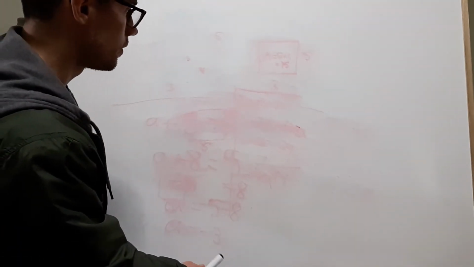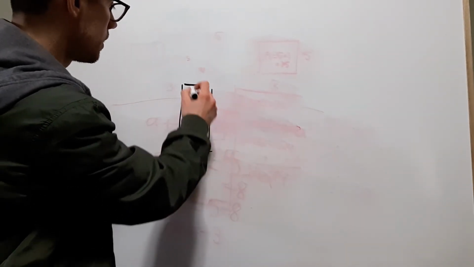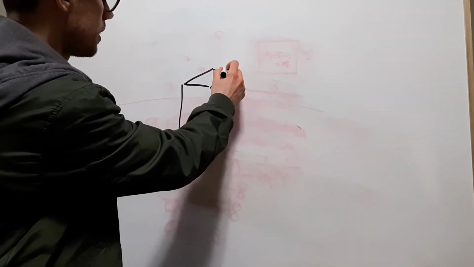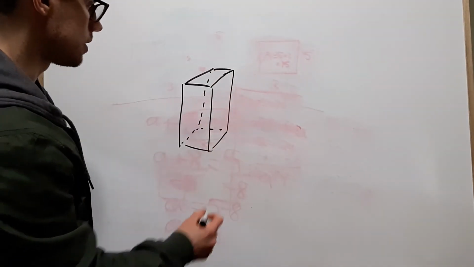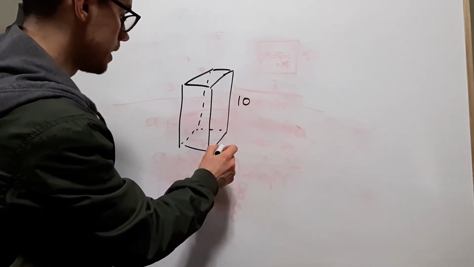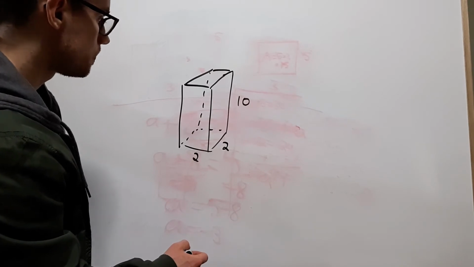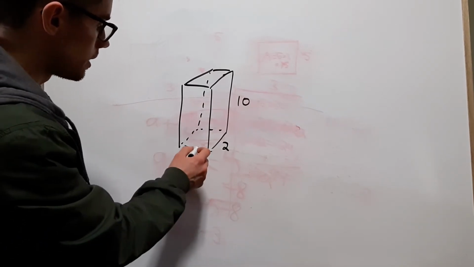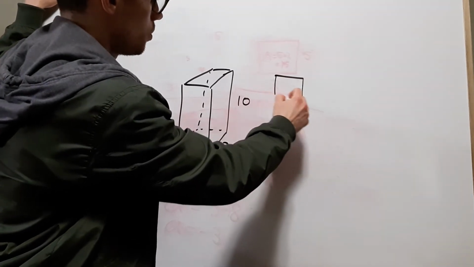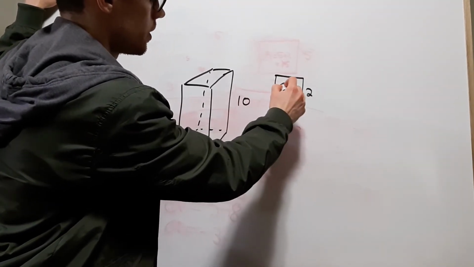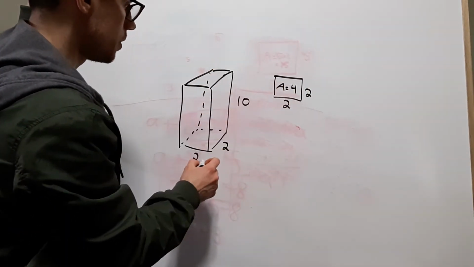So let's say I had a different looking rectangular prism, maybe a really tall one, like this, like that, and maybe something like that. So let's say this one is 10, and then the bottom, let's say the bottom is just a square. So what's going to be nice is that the top and the bottom are going to be 2 by 2. So the area is going to be 2 times 2, which is 4. So this one's going to be 4, this one's going to be 4.